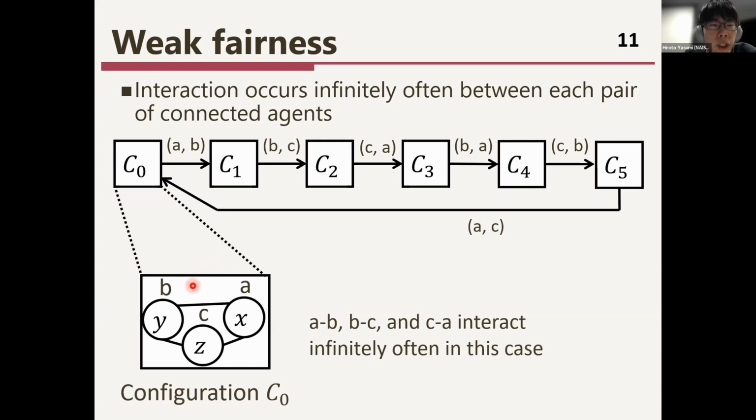Agents A, B, and C have states X, Y, and Z respectively. And this arrow represents an interaction. This AB means that A and B interact at this arrow. Since all agents are connected with each other, in this execution, AB, BC, and CA interact infinitely often.